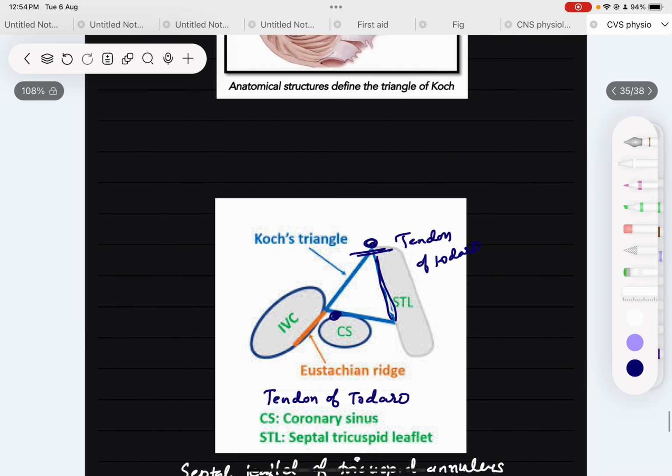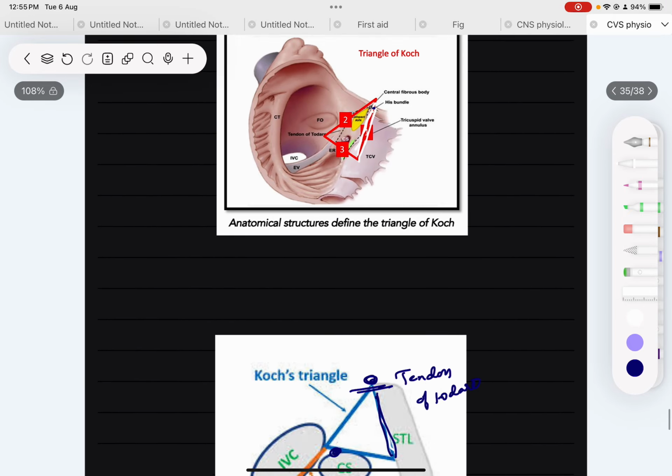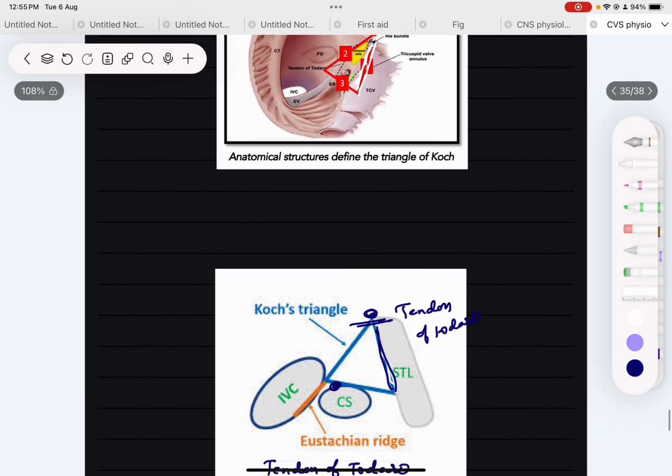So this Koch triangle is actually an area where the AV node is present.